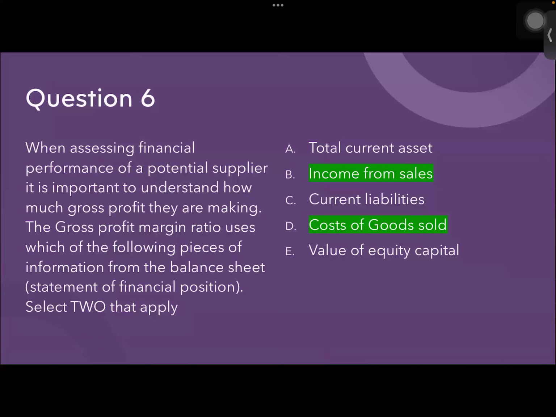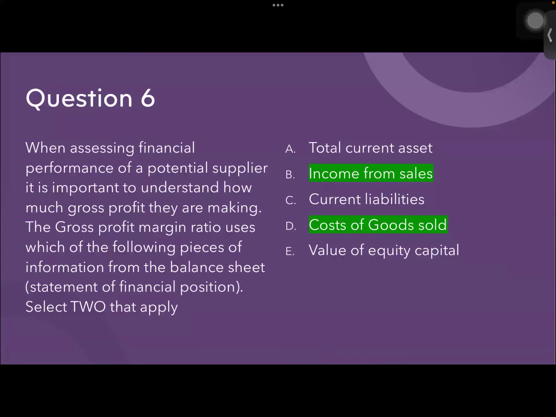Congratulations. With A, total current assets, and C, current liabilities, we could use them to calculate the current ratio. The current ratio and a profitability ratio like gross profit margin are totally different.